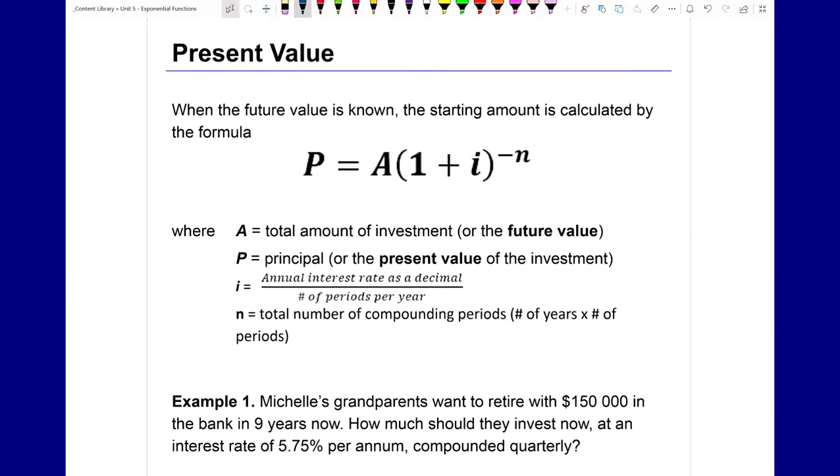If we look at our formula here, P equals A times (1 plus i) to the power of negative n. It's very similar to the other one that we dealt with, except the A and the P are switched, and we have a negative on our exponent. That's going to be important, so we want to make sure we remember that negative there.